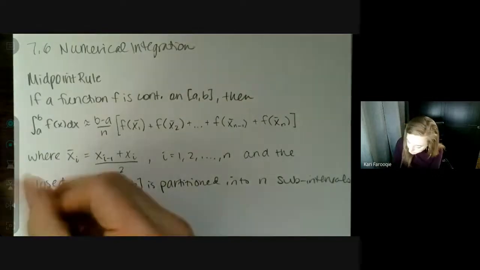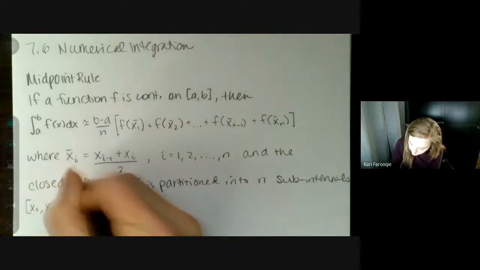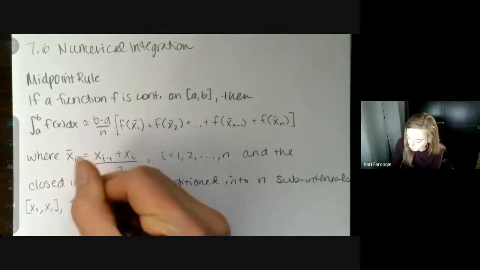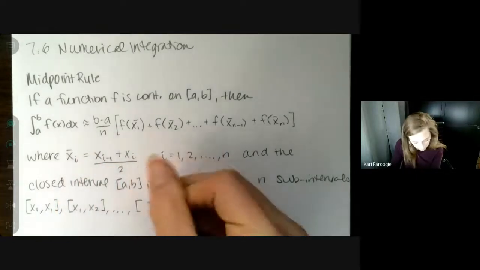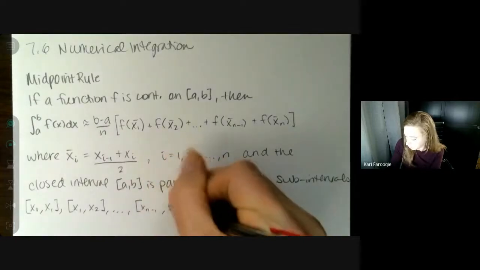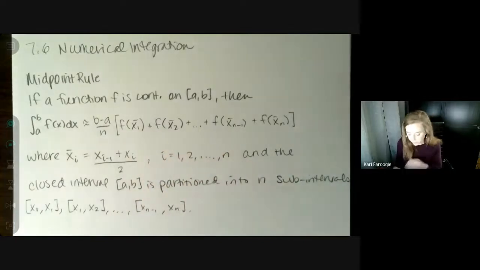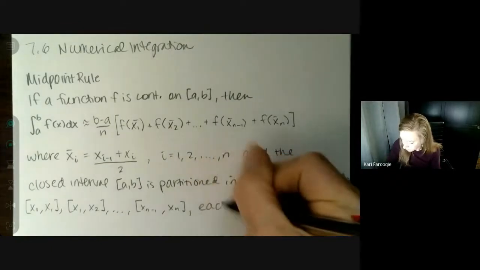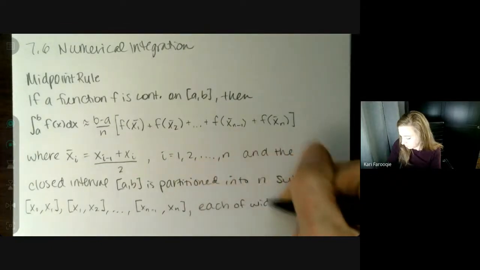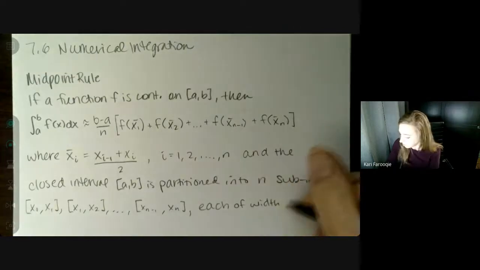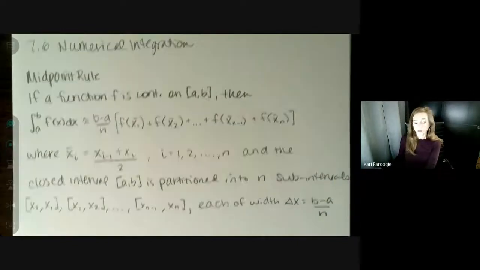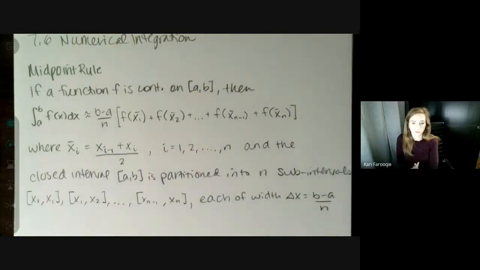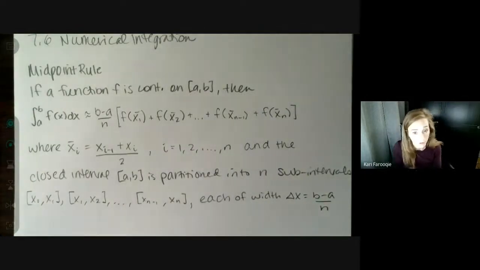The subintervals are going to go from x sub 0 to x sub 1, and then from x sub 1 to x sub 2, so on and so forth until you get to go from x sub n minus 1 to x sub n. And each one has the same width. The width is going to be delta x, and that's going to be b minus a over n. Now, you may or may not use this delta x equals b minus a over n. It depends, I think, on what values you're given.